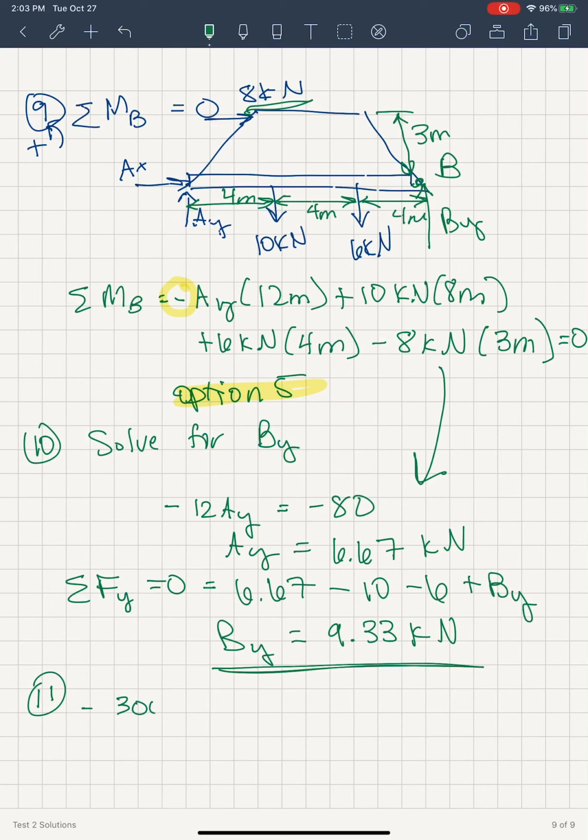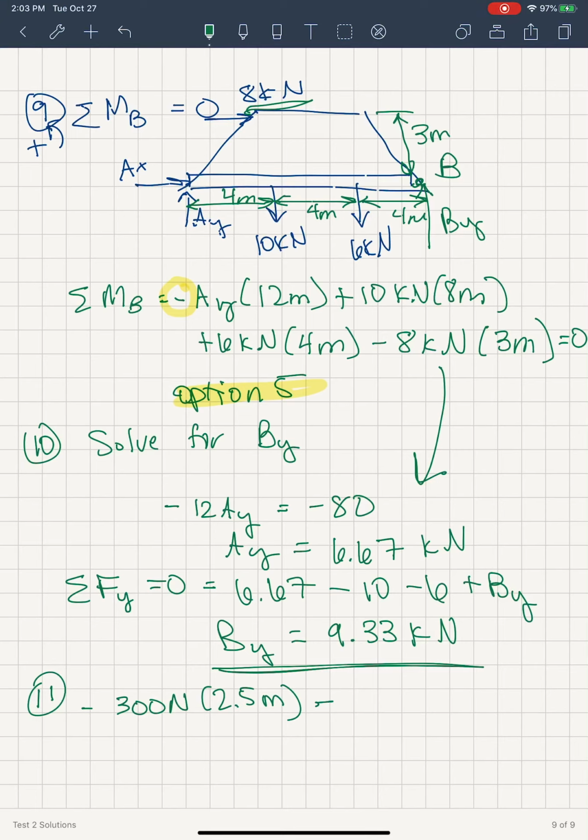Negative 300 newtons, and that's 2.5 meters from that x-axis. And then we also have that 500 Newton force, which would create a moment, which would also be in the negative x direction.